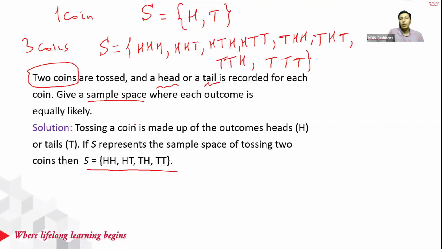So how many? Total 8. We have 8 elements, 8 possibilities, 8 cases.